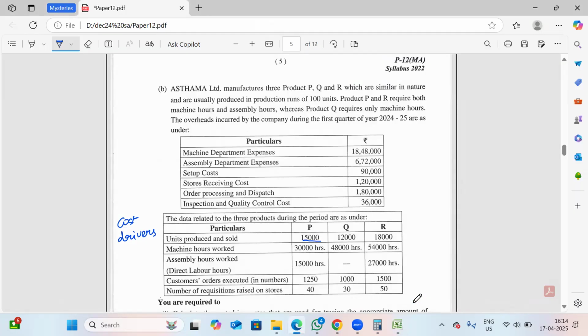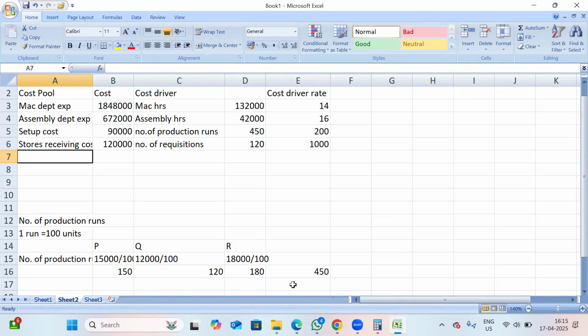Order processing and dispatch, 1,80,000. Order processing is based on customer orders executed.